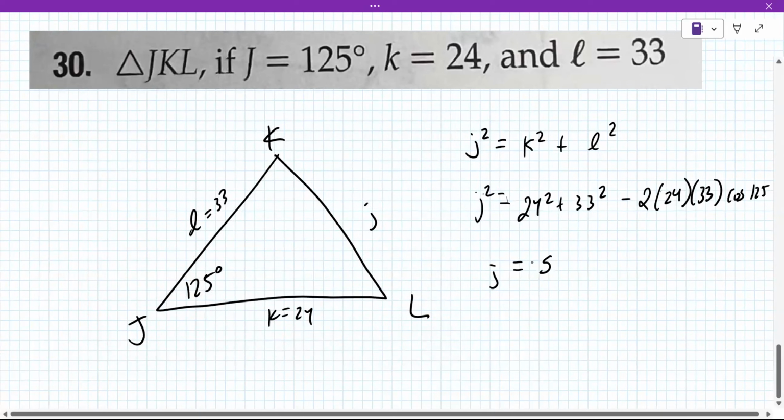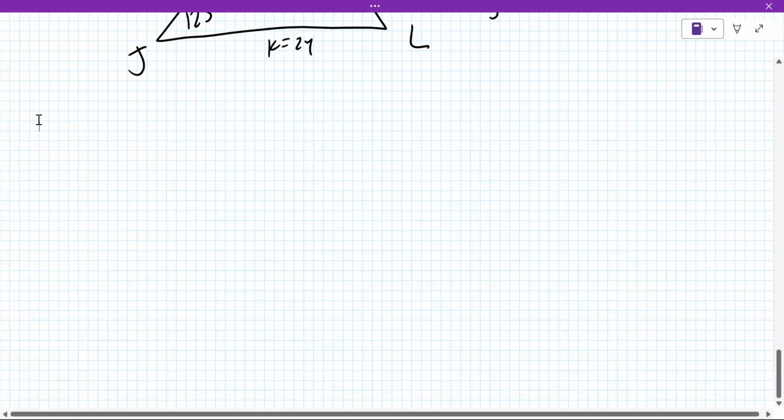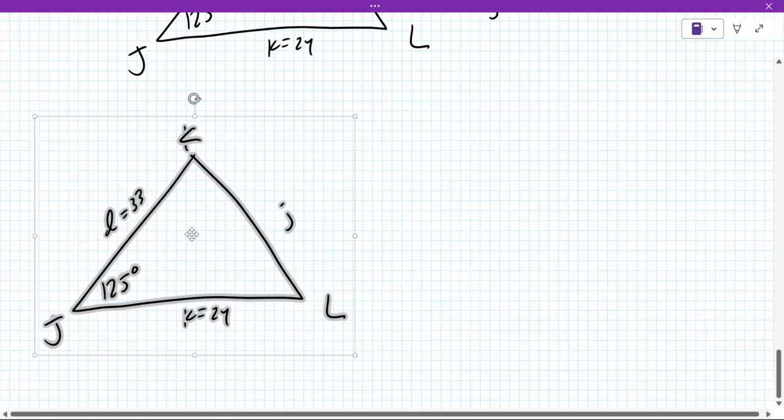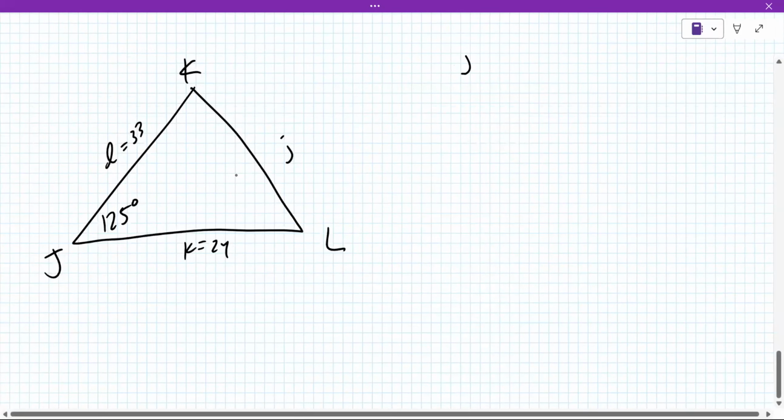50.7. 50.7, good. Like I mentioned before, you only do law of cosines one time. You don't do it twice. Law of sines you can do twice on occasion, but this one you only do once, and then you move to law of sines.